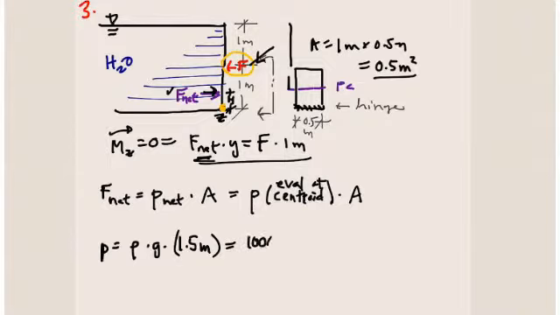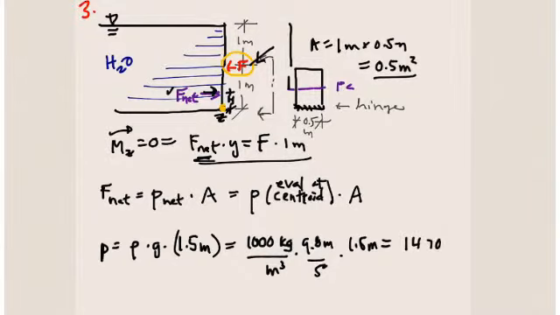That equals 1,000 kilograms per meter cubed times 9.8 meters per second squared times 1.5 meters. So it's like 9,800 times 1.5, 4,900, so it's about 14,000 newtons per meter squared.